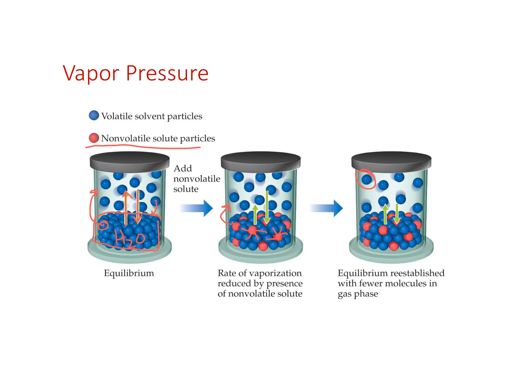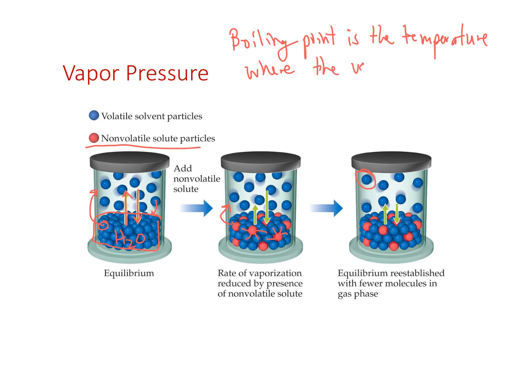And an important way to think about what's happening here is we need to reintroduce the definition of boiling point. My boiling point is the temperature where the vapor pressure equals atmospheric pressure.